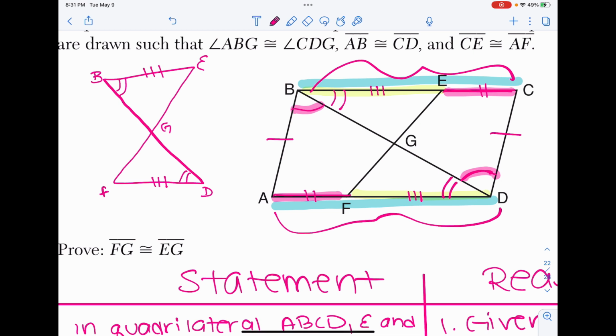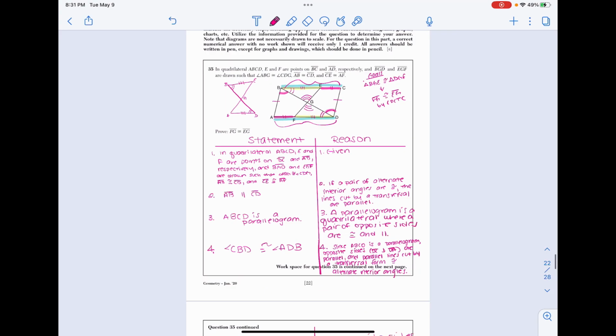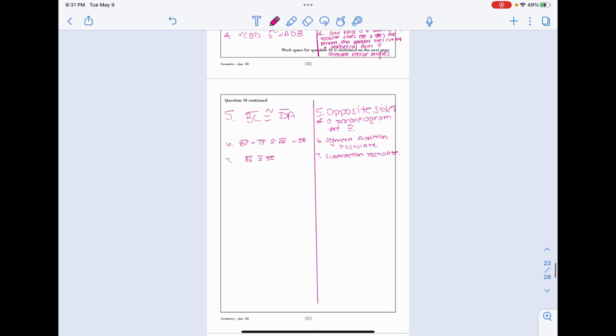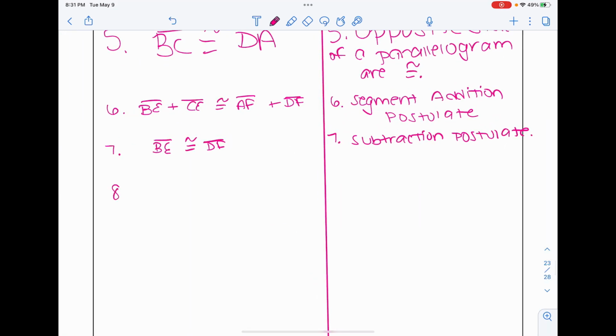And we can. We could talk about these vertical angles in here. Vertical angles are formed by intersecting lines. So let's talk about how they are congruent. I'm going to say that angle BGE is congruent to angle DGF.